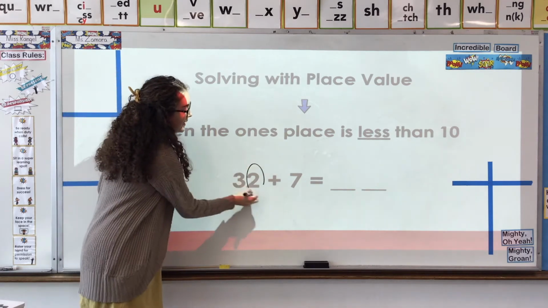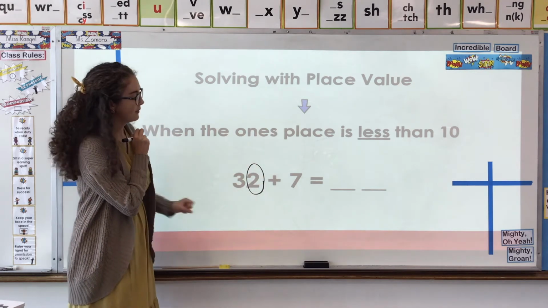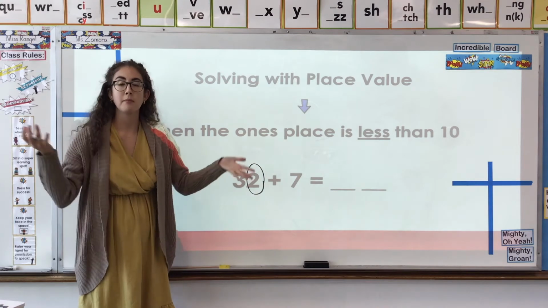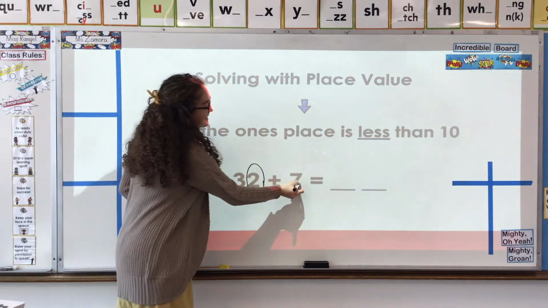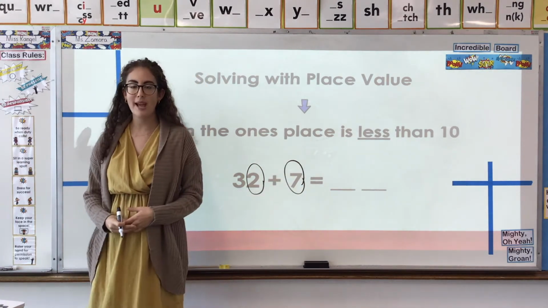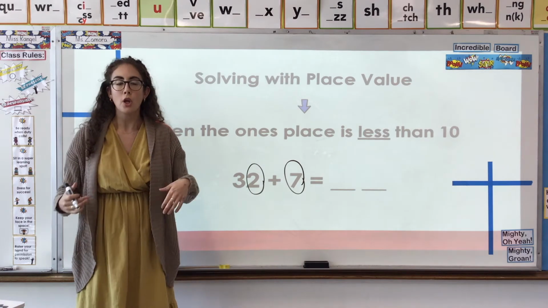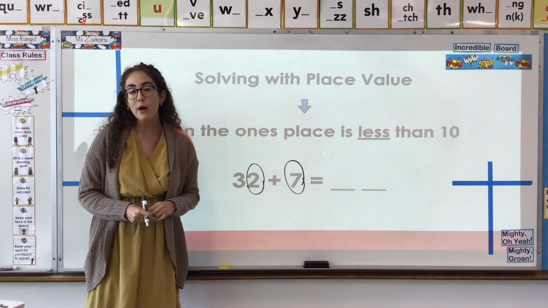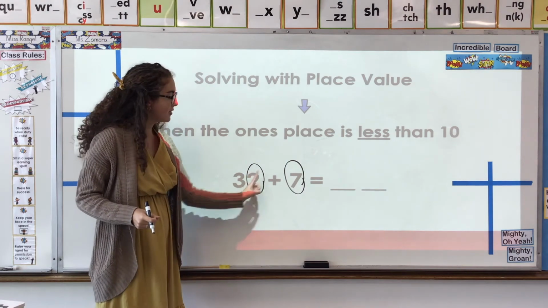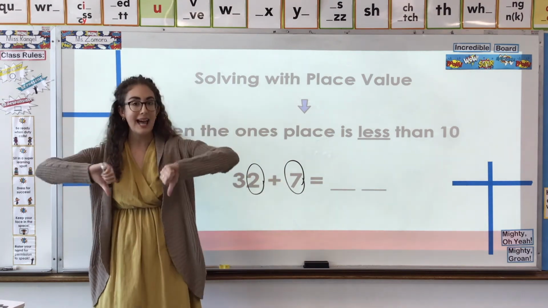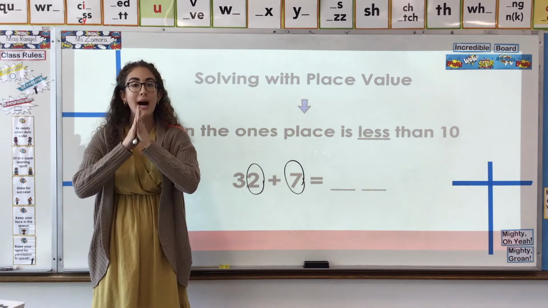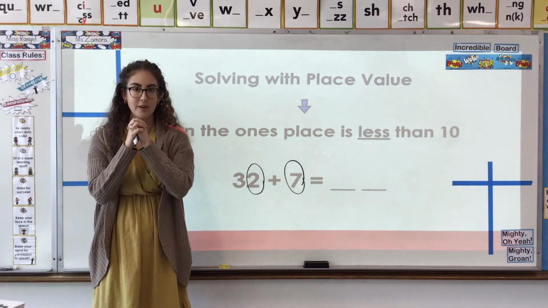The 2 is in the ones place. And then in 7, what number is in the ones place? It's 7, of course, because it's just by itself. So we identified the ones place. Now we have to figure out, are these numbers less or more than 10 when combined, when they're added together?